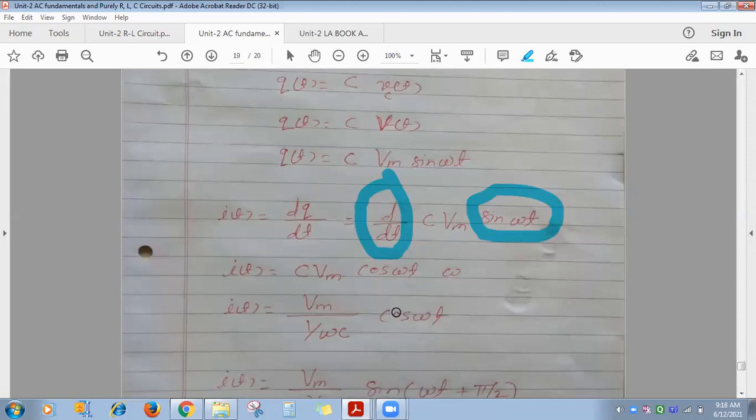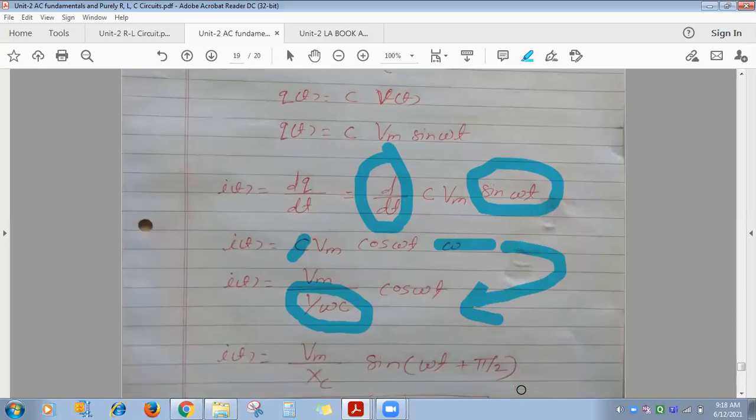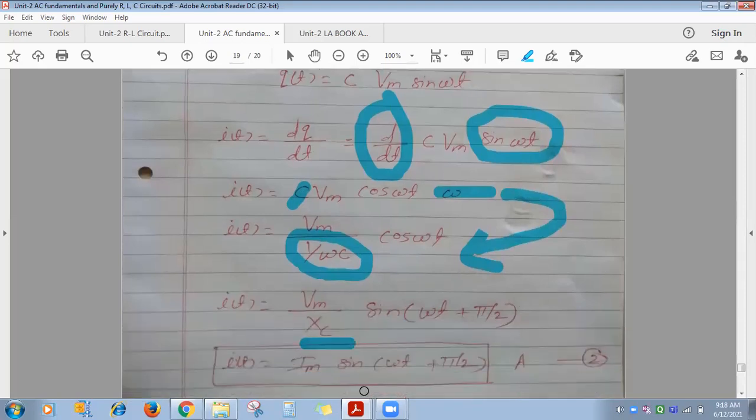So Vm into cos of omega t, and this omega C parameter we can write in the denominator as 1 divided by omega C. The same equation you can write like this also. And what is 1 divided by omega C? Xc, correct, that is the capacitive reactance.